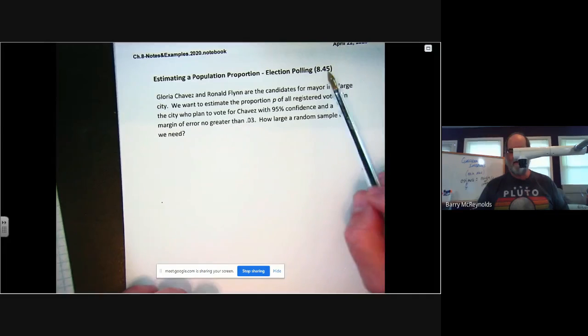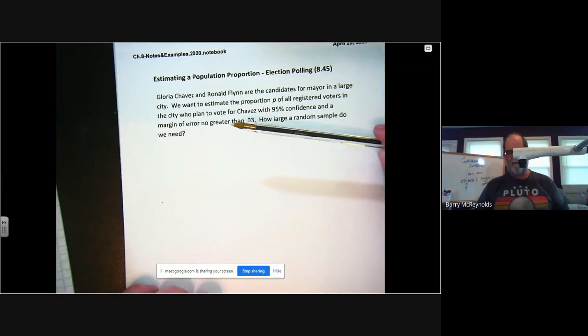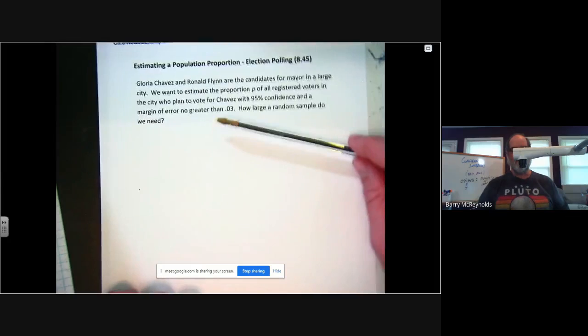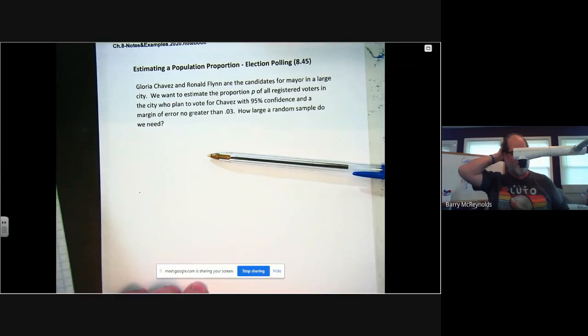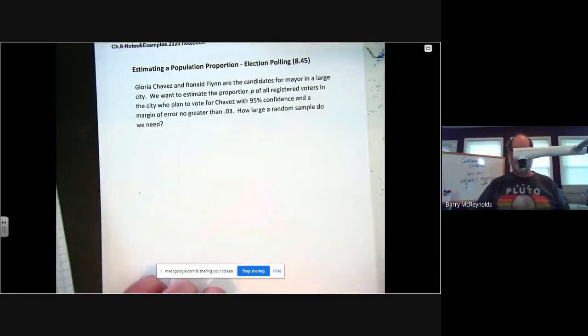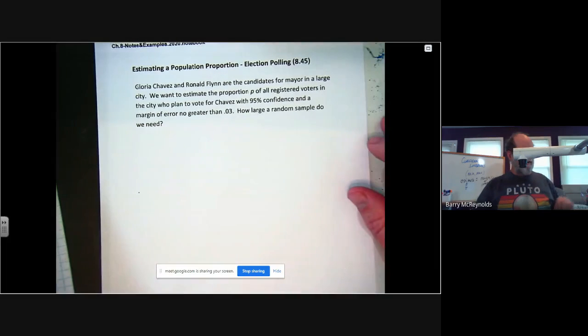And so I show you this because I'm going to do a little bit of algebra here using the relationship that we have for margin of error. That is in your textbook on page 493. So you might want to jot that down on your notes, page 493. You want to go look back at that.